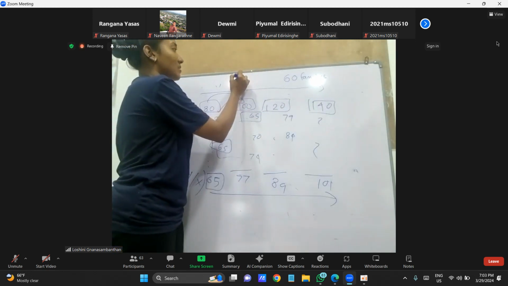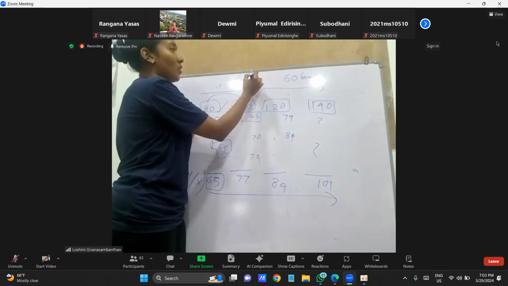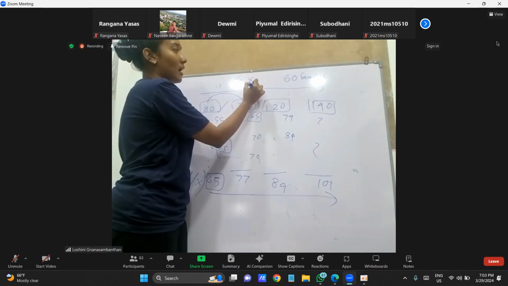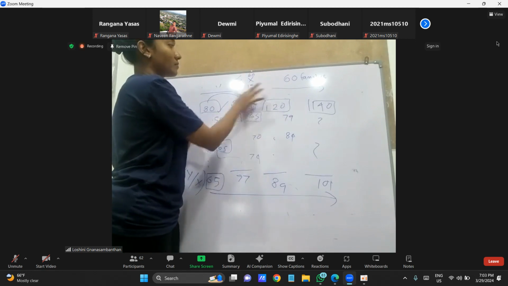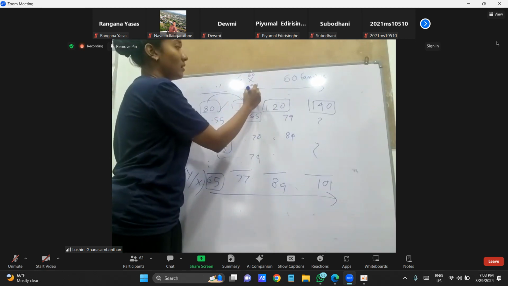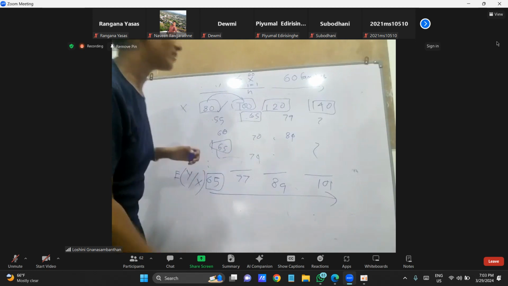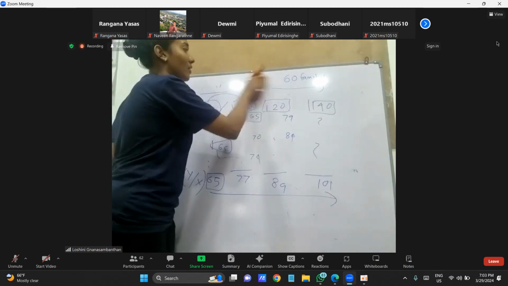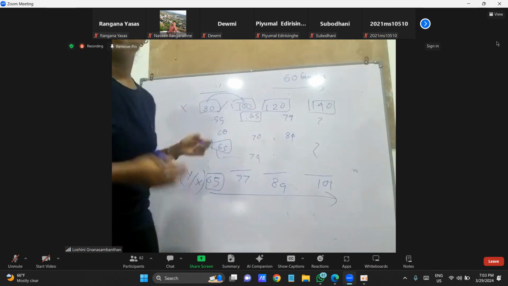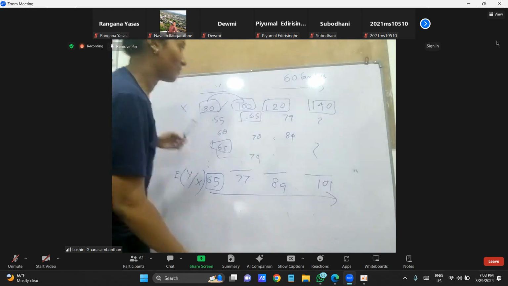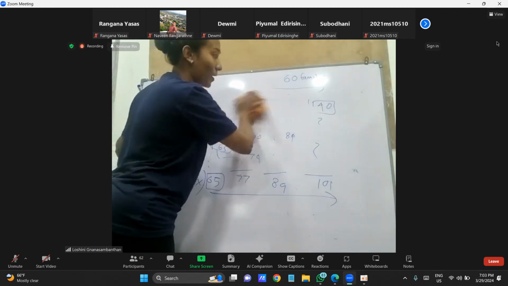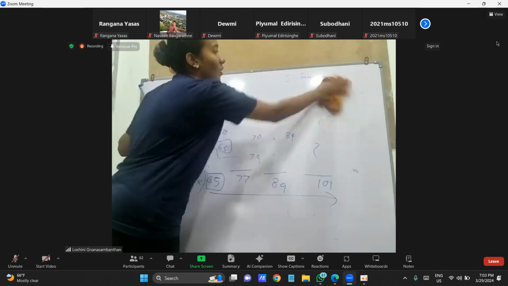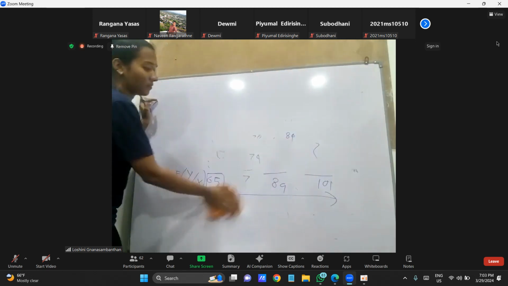That is sigma of x i, i from 1 to n, divided by n. So I will write in here. I know that some of you might be confused by the notations, right?